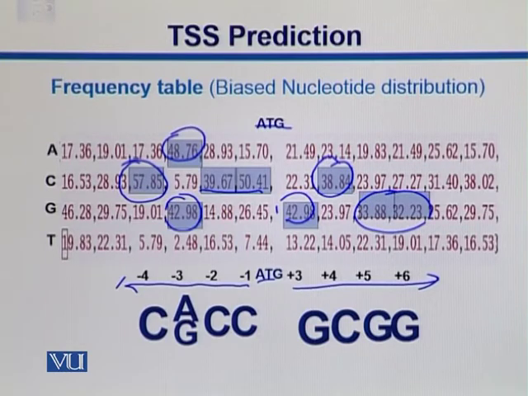Some nucleotides prefer more to be there as compared to some which prefer not to be there. So if you are getting these kinds of frequencies, and you are getting some ATG, you might support your point that this is the true start site. Or while looking into these frequencies, you can expect that you can have a start site over there.